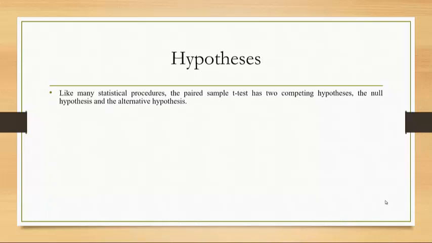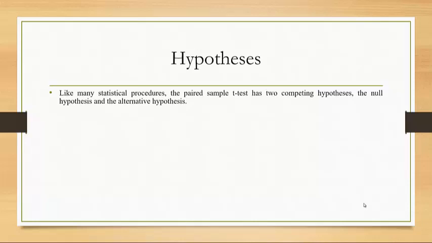When we talk about paired sample t-test, we need to check the hypothesis statements. What is hypothesis and how do we write a hypothesis statement? A hypothesis is a tentative explanation, a statement which explains a tentative explanation of an event that will occur or that has already occurred.